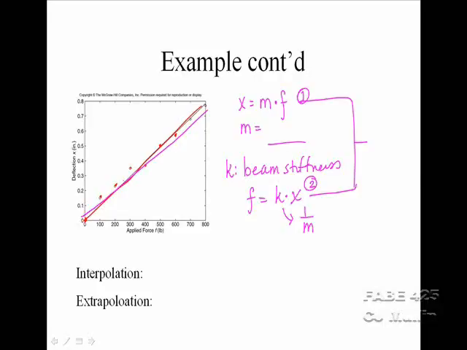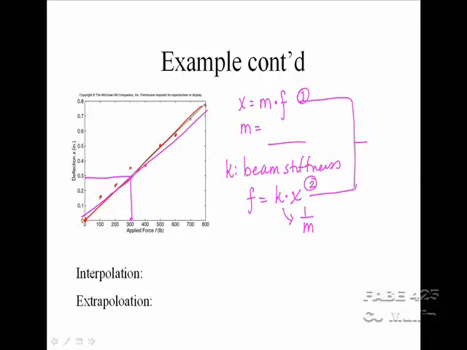But regardless of which way we come up with it, once we have a model, you can interpolate to predict values for various inputs. For example, if I wanted to predict what deflection I would get if I applied a force of 300 pounds, I can look on the graph here, plug that into my model, and get a prediction of approximately 0.298.